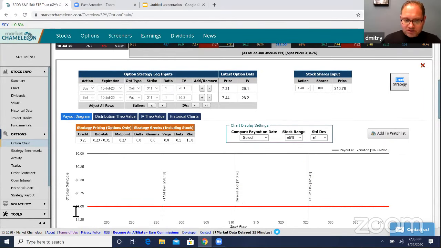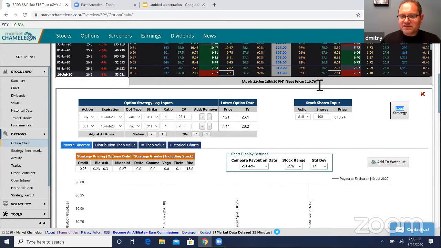The difference is you lost $1 because of the prices. Let's take a look here. The stock is 310.76. If I did it bid to offer, I bought 721, sold 744. That means I only get a 23 cents credit from 311, which is saying that we bought it for like 310.77.